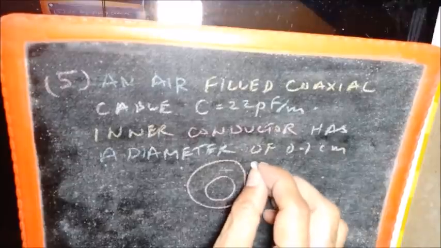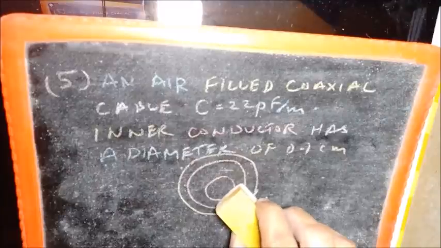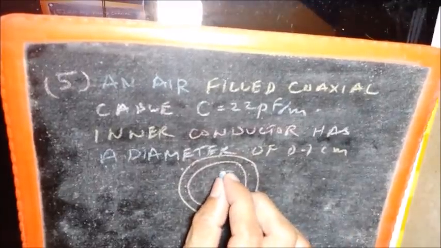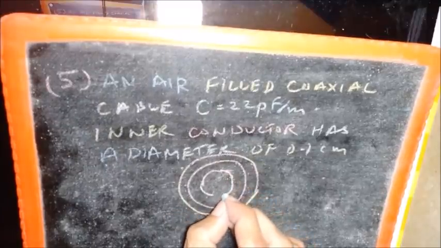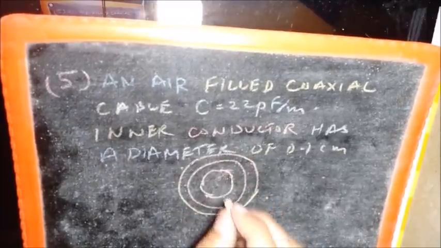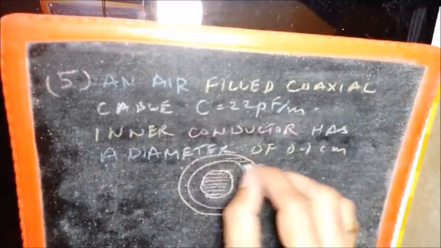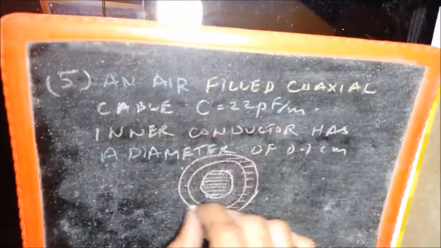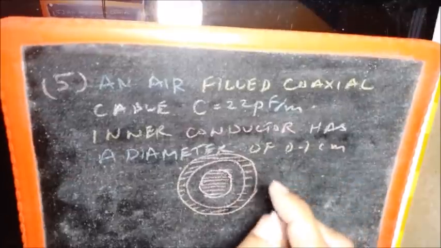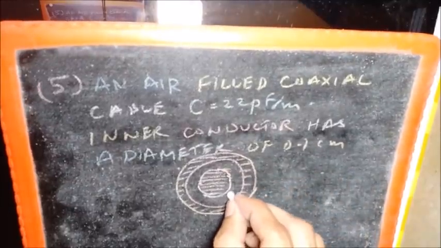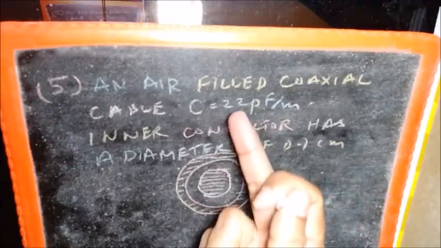I am not drawing it, I will just put it in the center as best I can. So this is the inner conductor, and this is the outer casing, the metallic casing or shell, the outer conductor. This is air filled.